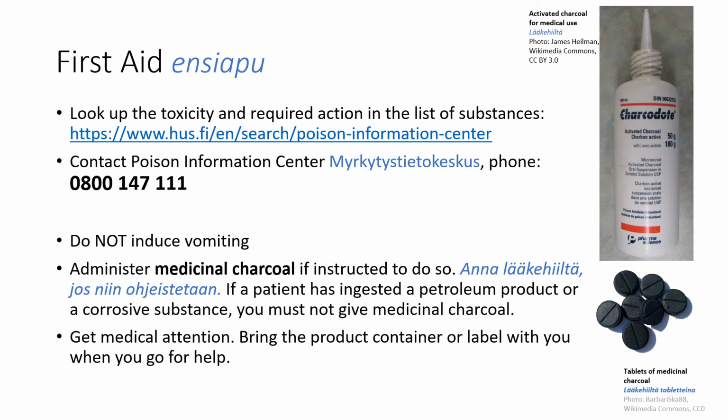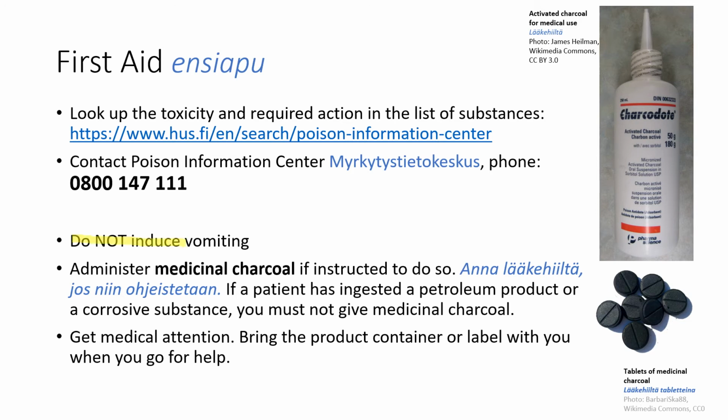If someone has swallowed poison, remove the substance with your fingers if the poison is a solid. If the poison is a liquid, clean out a child's mouth with a washcloth or an adult's mouth with water, but get them to spit it out, not swallow. Do not attempt to dilute the poison by giving something to drink unless you are specifically told to do so by a medical professional.